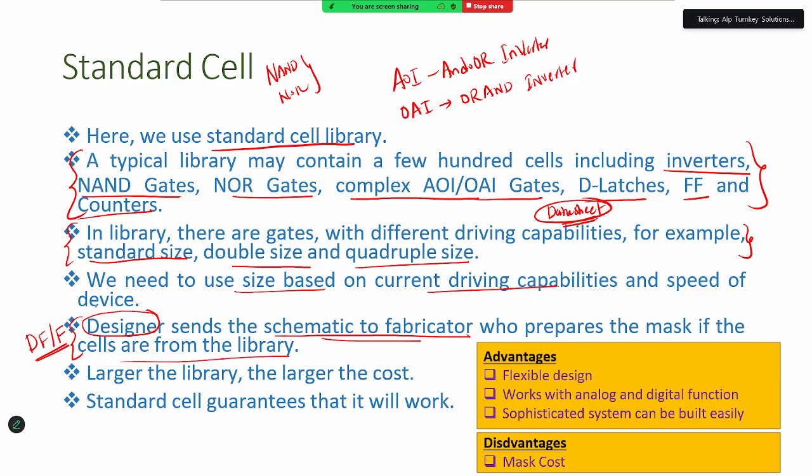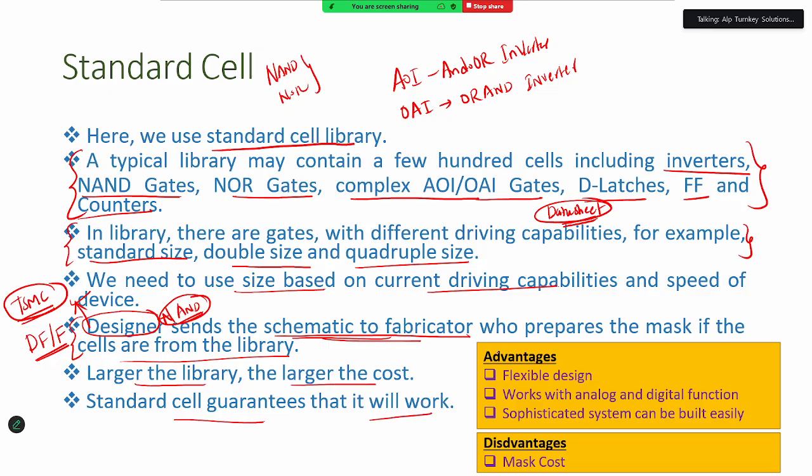Like I told you, one company, TSMC, has predefined standard cells available. Suppose the designer wants an AND gate or NAND gate, he will send this design schematic to TSMC. Based on his requirement, they will make this. If already available, they will just provide this product. Larger library and larger cost, and standard cell guarantees that it will work.